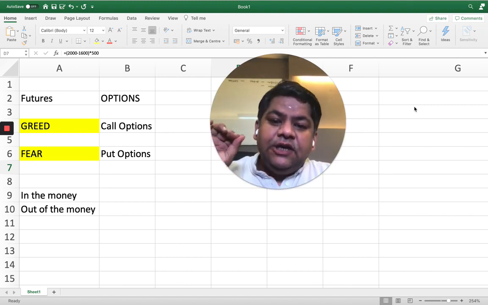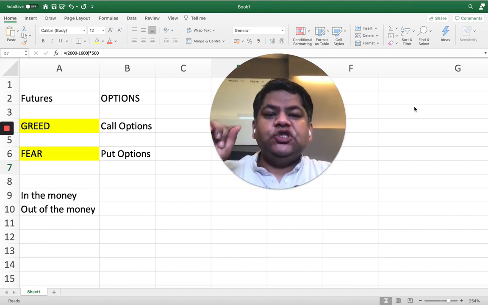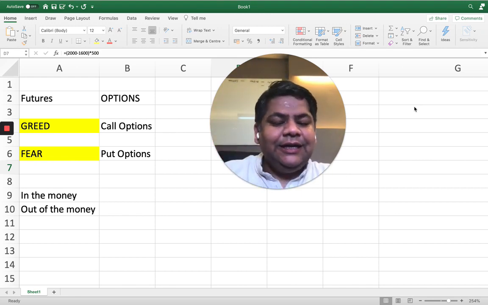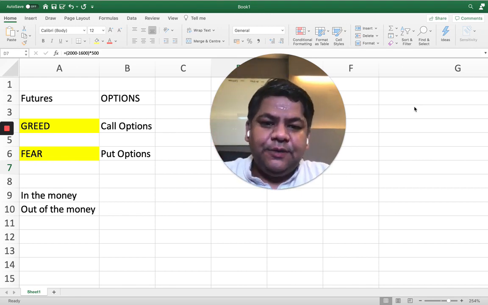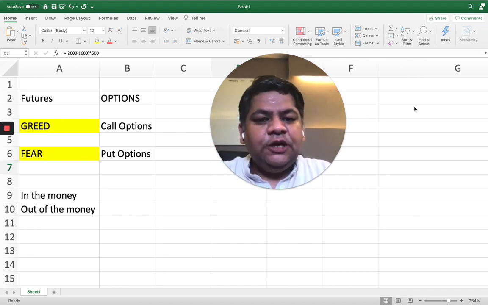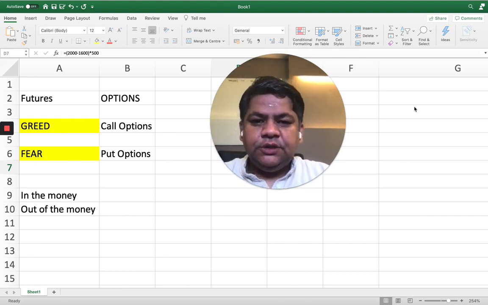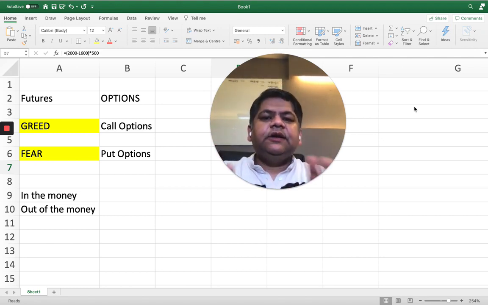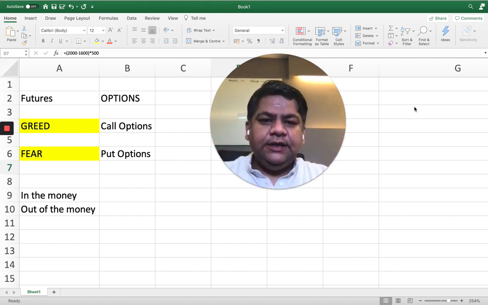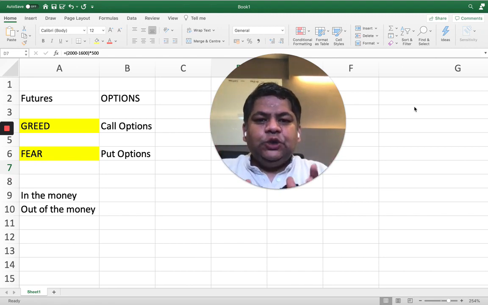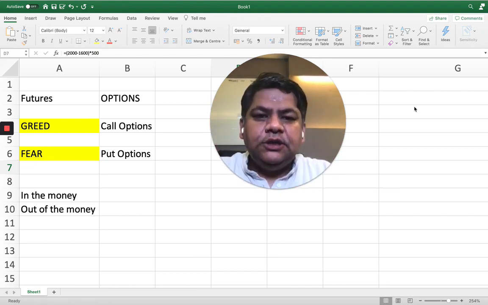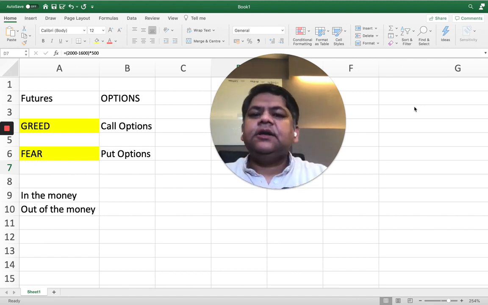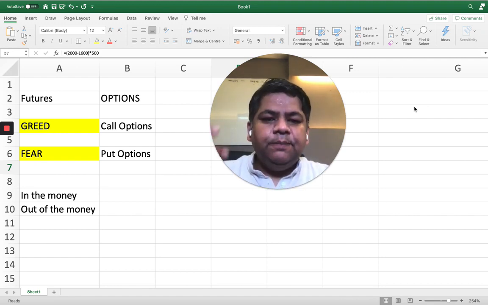Put option gives you a right to sell or not sell the underlying instrument at the strike price at which you have taken the put option. Unless and until we take an example, it will be really difficult to visualize. As I told you, this is going to be a put option class, and from here we will start the class of put option.